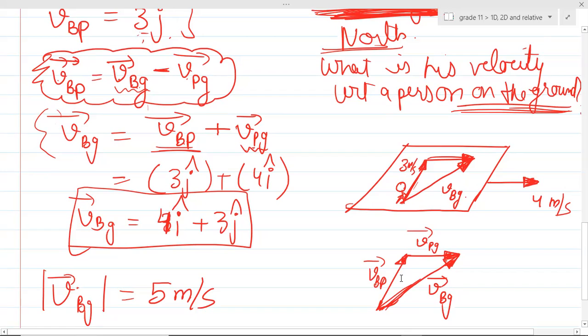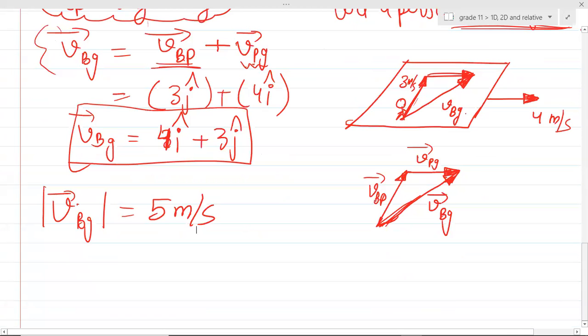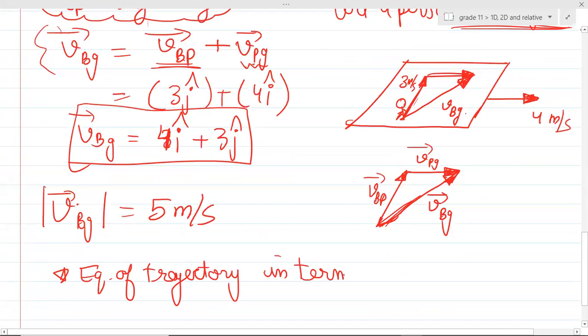Y is equals to x tan theta into 1 minus x upon r. Guys, I think I found the formula for equation of trajectory in terms of range.